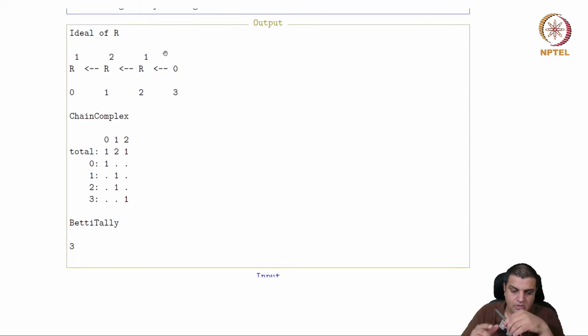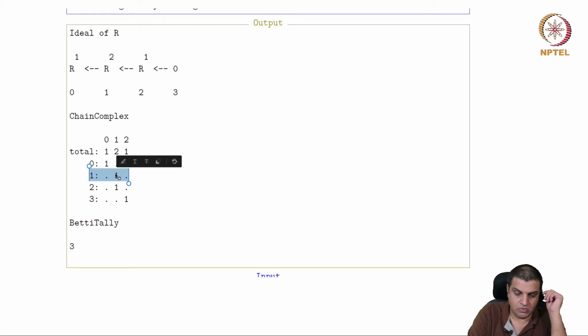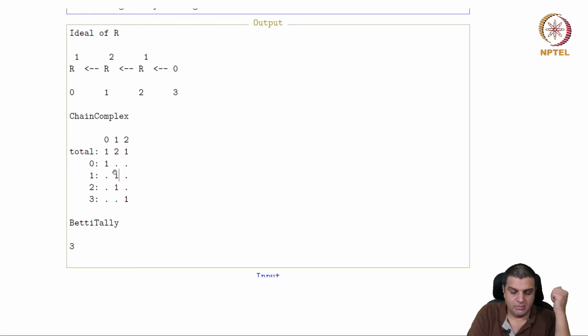Okay, so what information do we see from here? The 1 here just means that it is a quotient of a rank 1 free module. So when we ask for the resolution, it resolves R mod I, not I. Now this one here means that in position 1 of the free resolution, in degree 2 there is a basis element, and here it says in degree 3 there is a basis element.